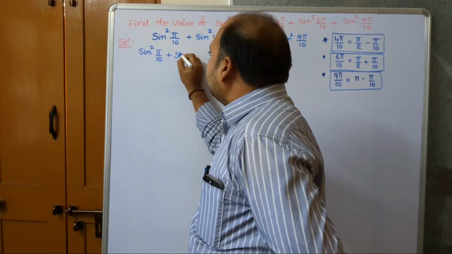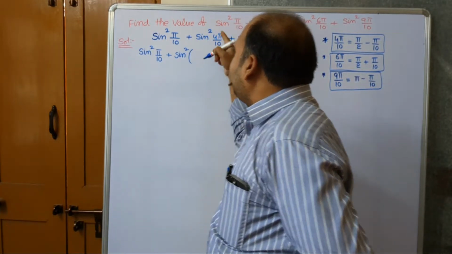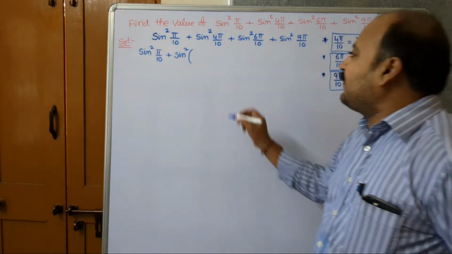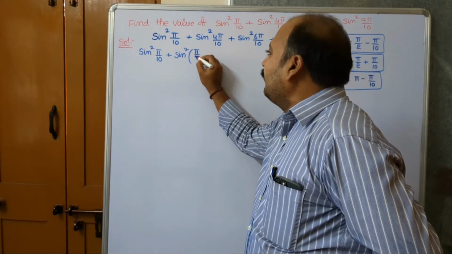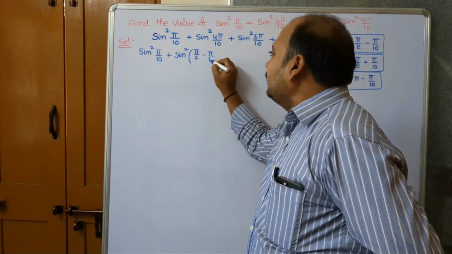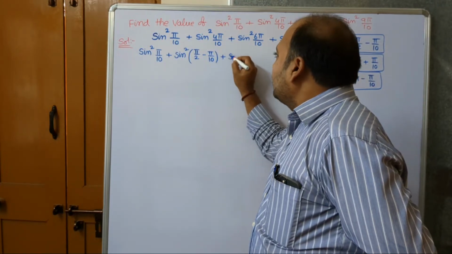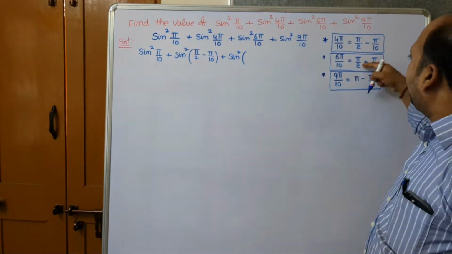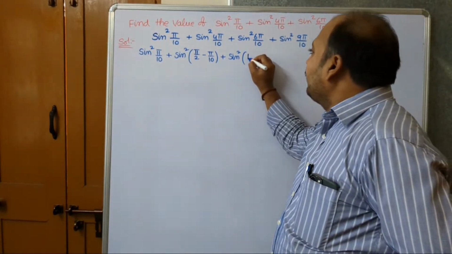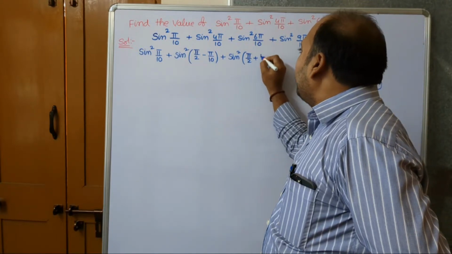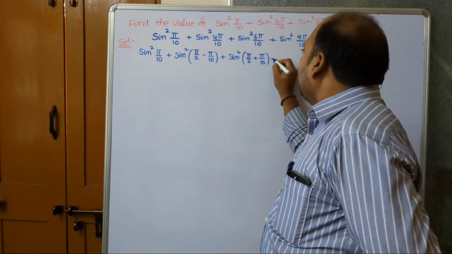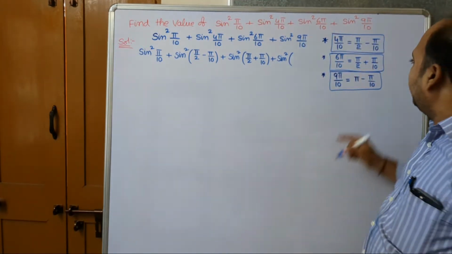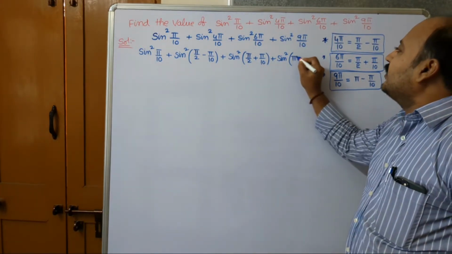Plus sine square, in place of 4 pi by 10, I replace it with pi by 2 minus pi by 10, plus sine square of pi by 2 plus pi by 10 in place of 6 pi by 10, plus sine square of pi minus pi by 10 in place of 9 pi by 10, dear students.